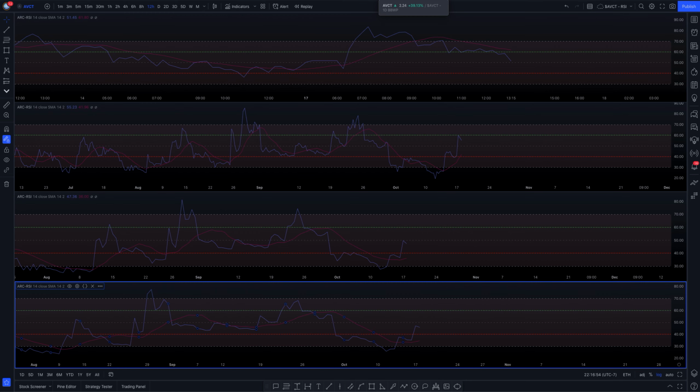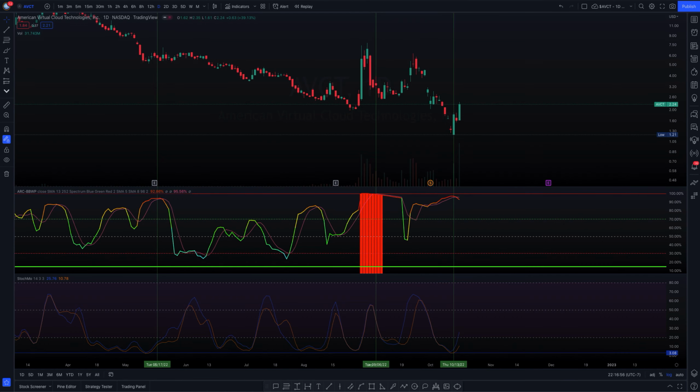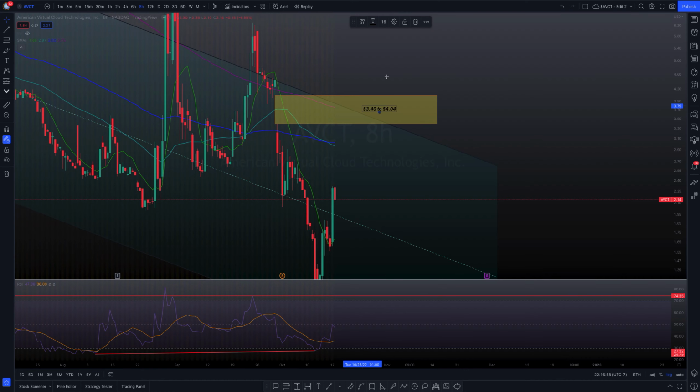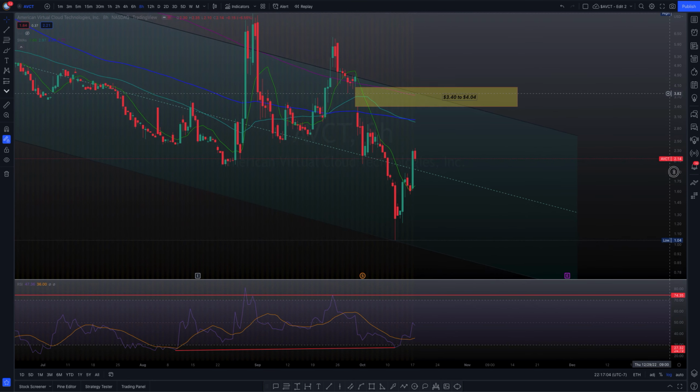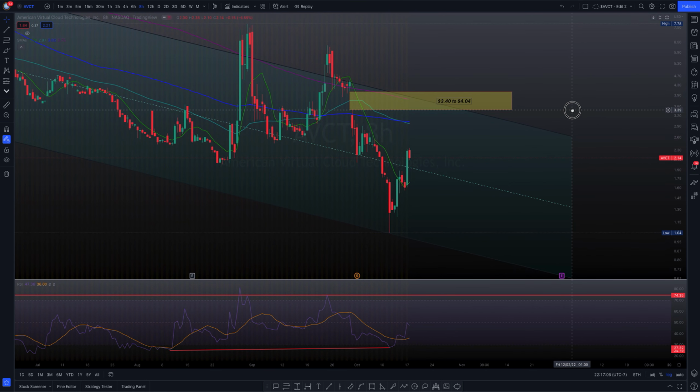Okay, so let's go back into the edit 2 page and look at those targets real fast. Okay, we're going to draw a fib for the range high and range low.